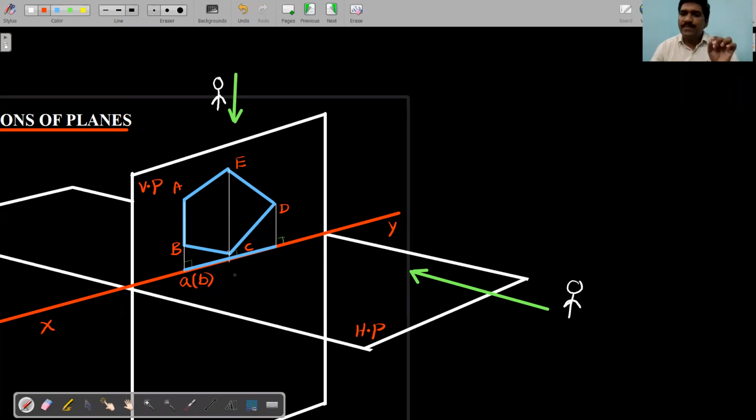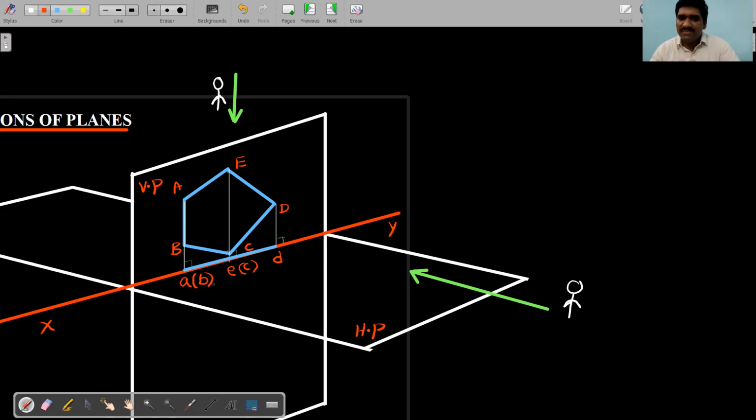Invisible points are represented in brackets. This is an engineering drawing concept, these are the principles. So whatever is invisible, just place it in the bracket. Now E is visible, but C is invisible. Again, D is visible. That's it.